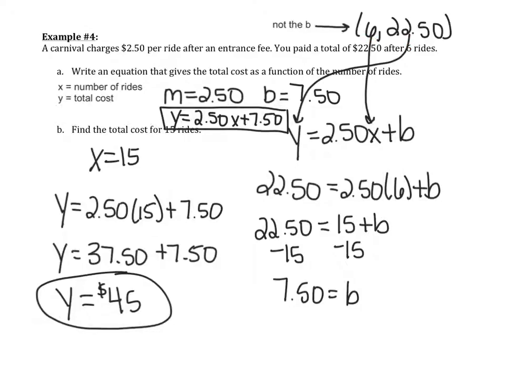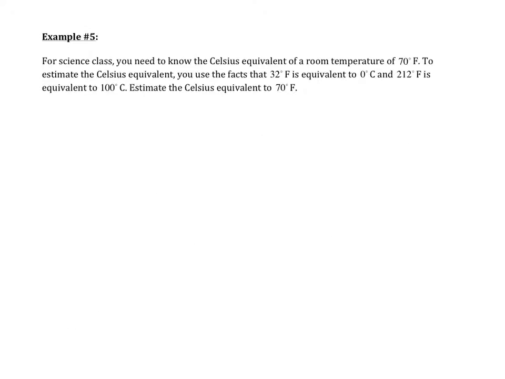So going forward, as you're doing your homework, you can count up the number of numbers that you were given, and if it's 3, you know that you were given the slope and an ordered pair, just like in this problem. And our last problem, example number 5.